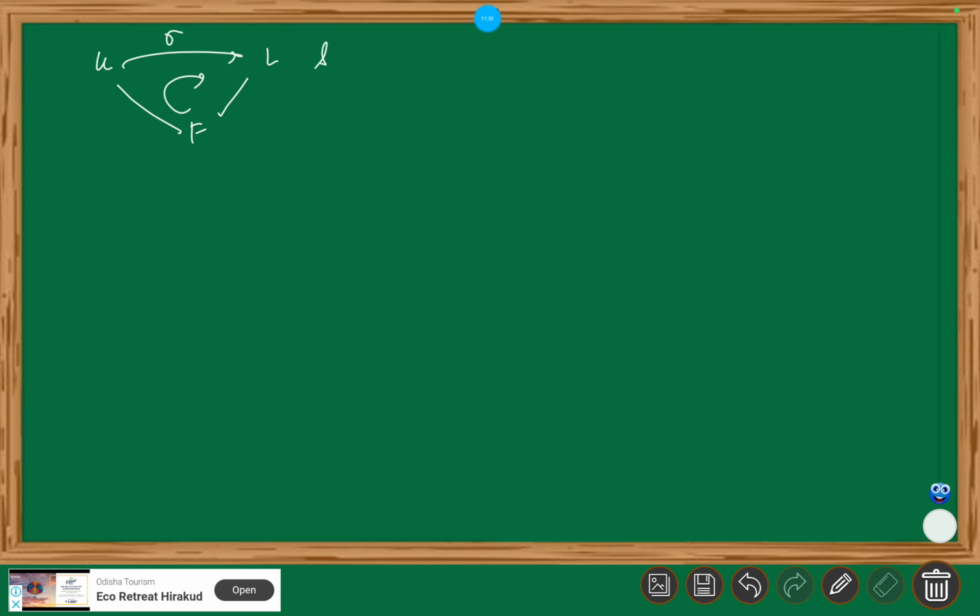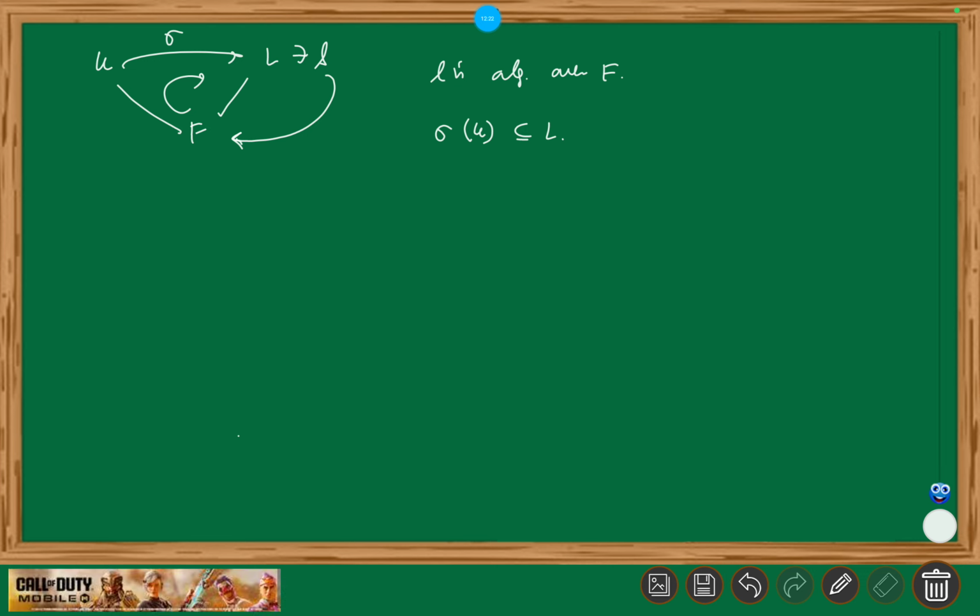So let's take small l belonging to capital L. So small l is algebraic over F. So that means you see that sigma of K is inside L, right?